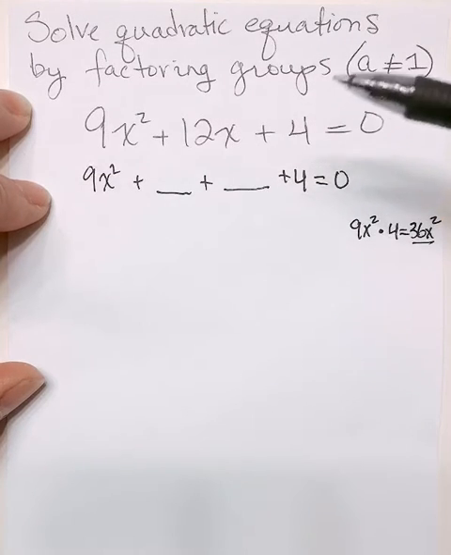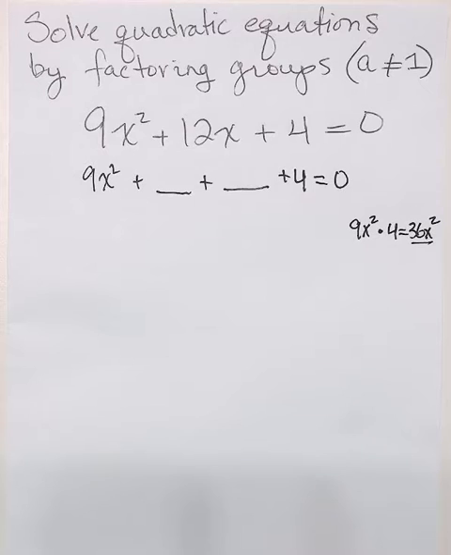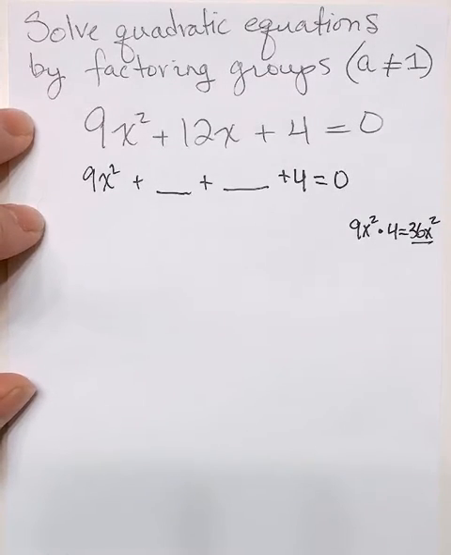This might take you a little bit of time to play with the numbers, but if you are familiar with this method, it shouldn't take you that long. So, 2 numbers that multiply to give you 36 and add to give you 12.